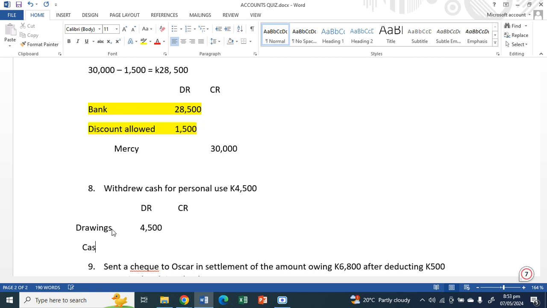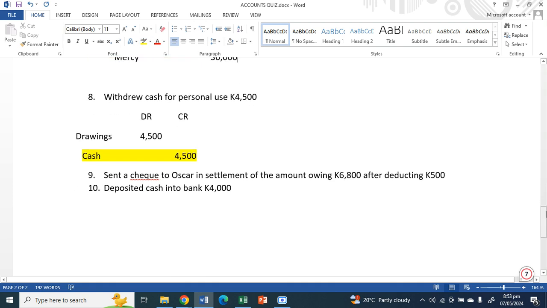So cash, you're going to credit it 4,500. All right, so this is the transaction we'll be interested in for the three column cash book.